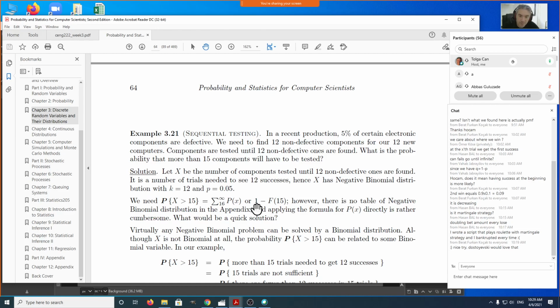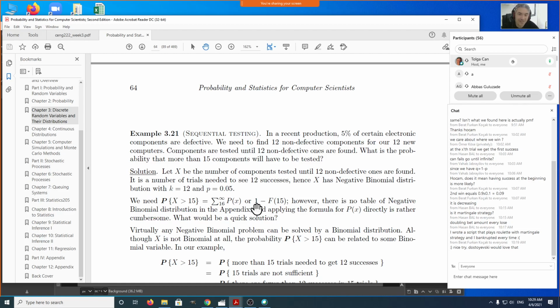Here, first of all, getting 12 non-defective ones in just 11 tests is impossible; that probability is 0. So the cumulative probability from 1 to 11 is going to be 0, because you can get 12 successes in at least 12 tries.